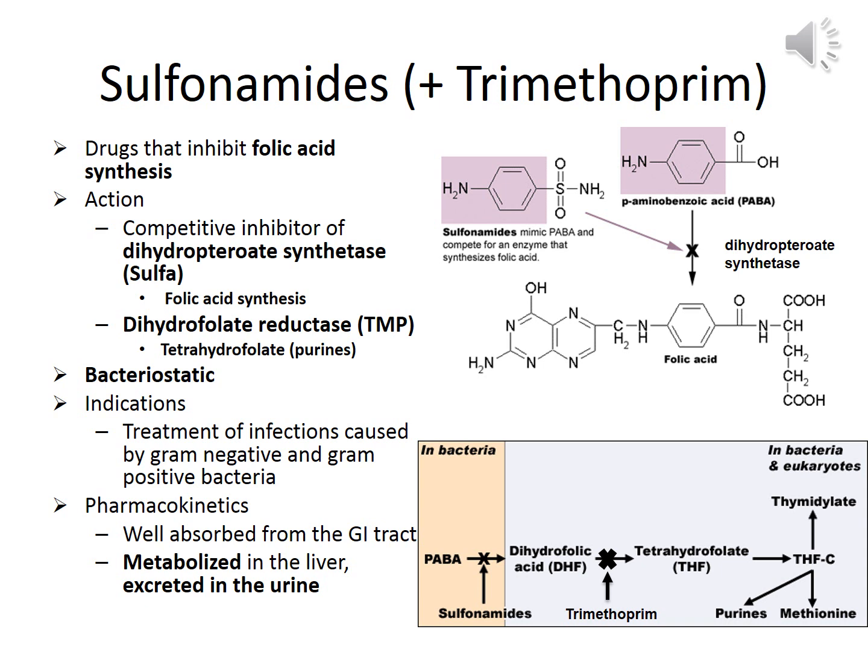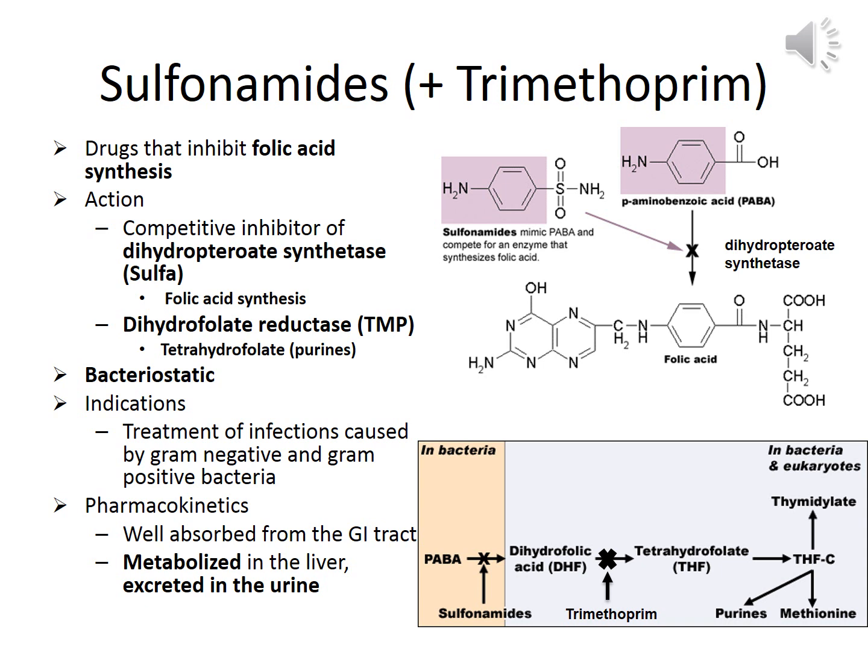And so if we look at the sequence of events that occur in the bottom right-hand corner of this slide, para-aminobenzoic acid, PABA, is converted to dihydrofolic acid, which is not quite active yet, and then dihydrofolic acid is actually converted to tetrahydrofolate, which is the next step in the synthetic process.